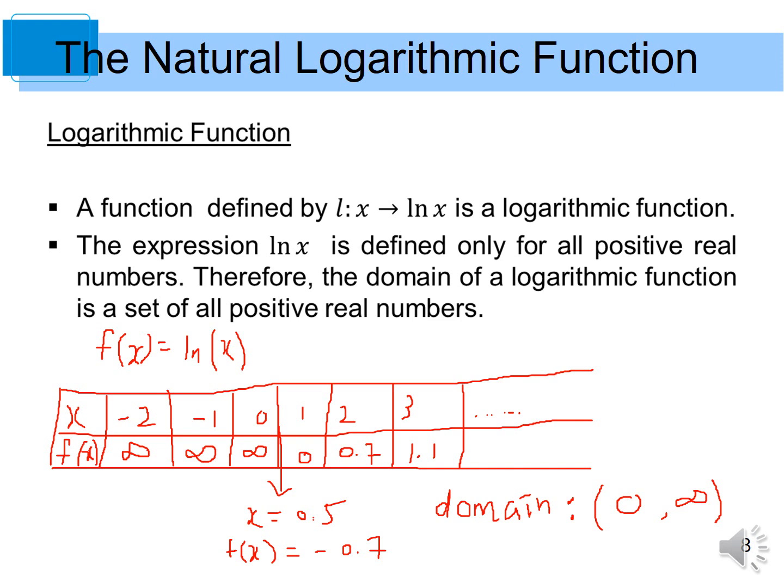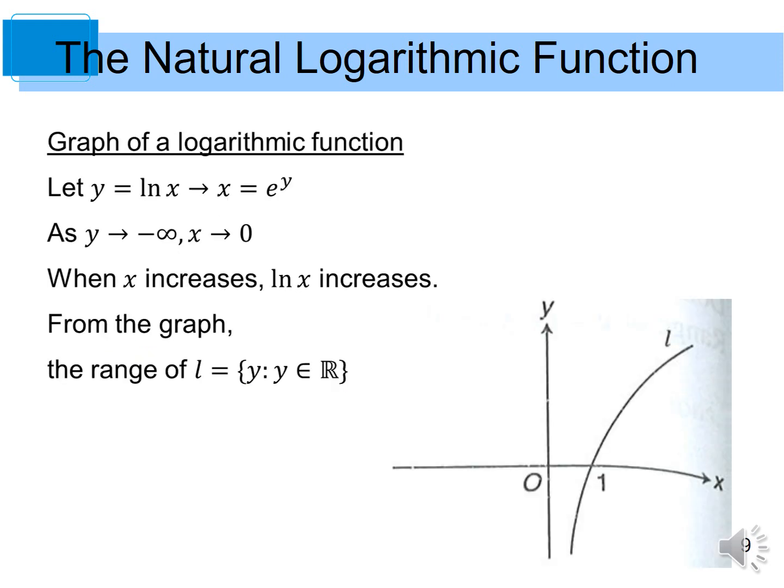After you have constructed the table, you can sketch out the graph. Based on the table you have constructed in the previous slide, you actually can sketch out the graph. And this is the curve of this function. From the table, we have verified our first property.